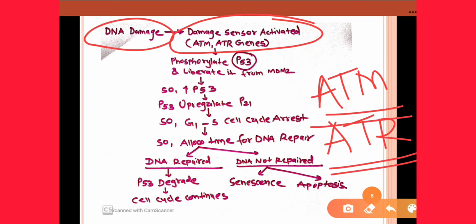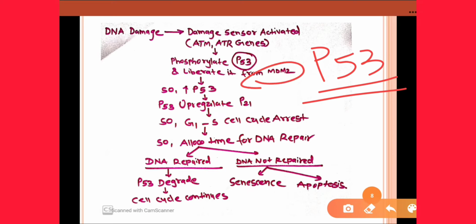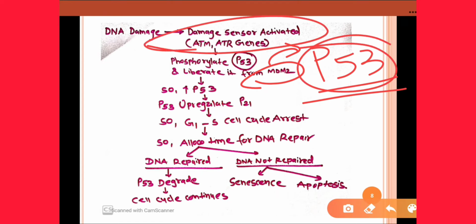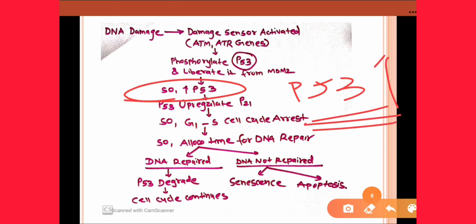Once they get activated, they will phosphorylate your P53, so it will get released from MDM2, right? It will reduce the attraction of MDM2 towards P53. So because of the sensor activation, P53 will be released from MDM2, and so your level of P53 will be increased. So your P53 will be increased in number, right?